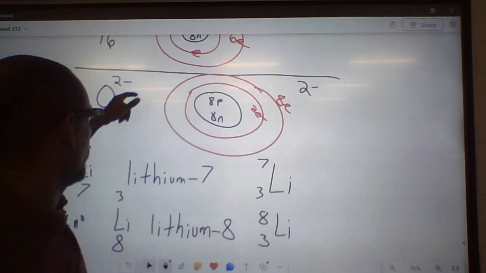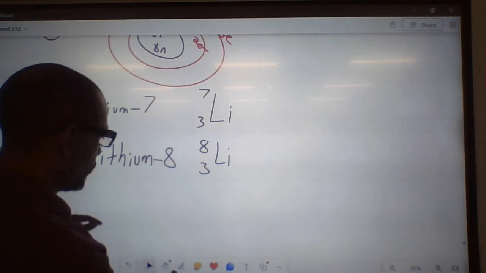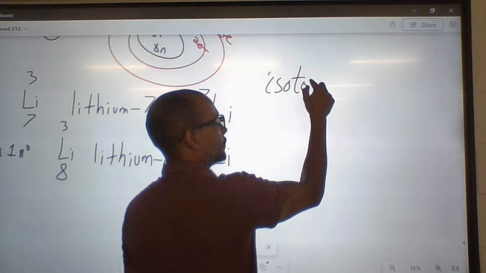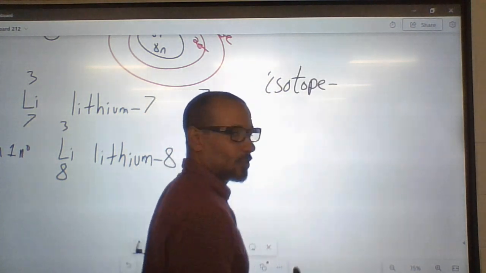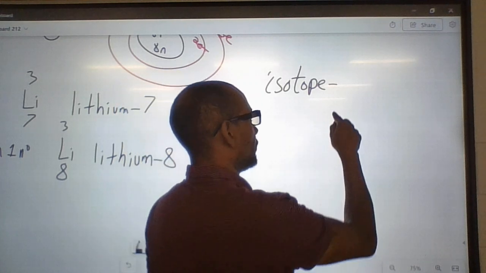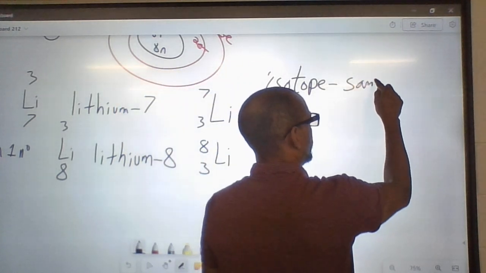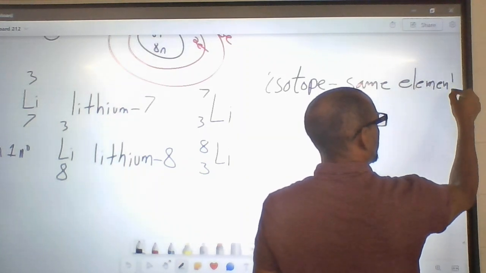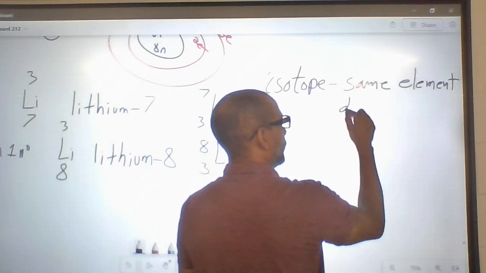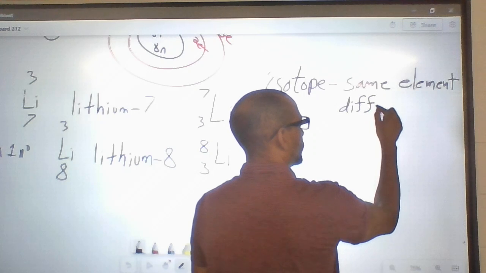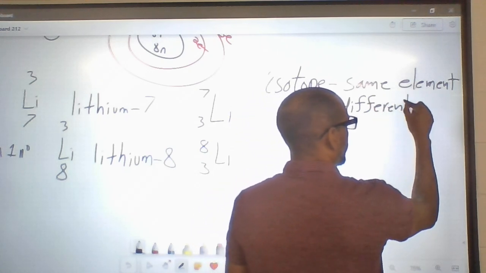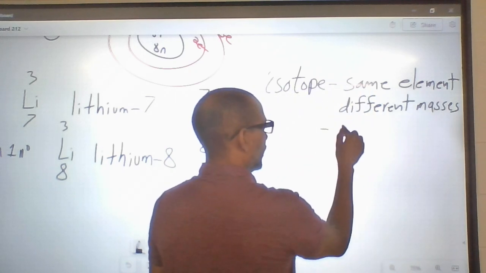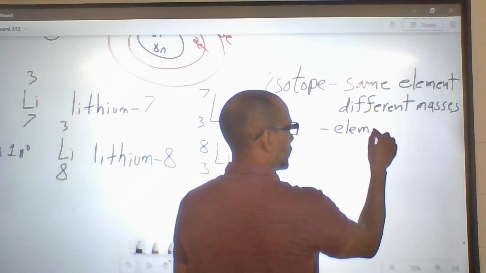And then for isotopes, the way I remember it is same element, different masses. Those are isotopes.